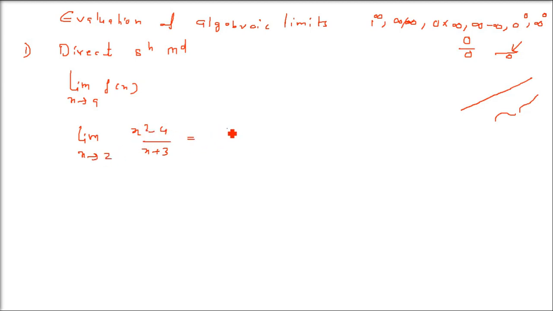Nothing is going to happen, because it will be 2 square, that is 4 minus 4, by 2 plus 3. That is 0 by 5. So it's a valid value. 0 is a valid value. So no problem, even if you put x as 2. Only the infinite is our scenario. That is where we think. So first thing is just put the value directly.